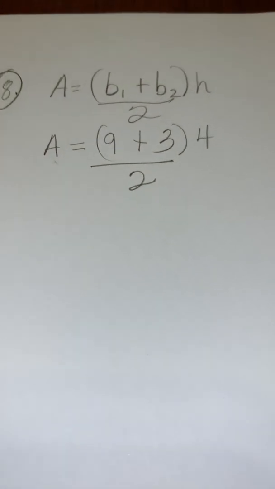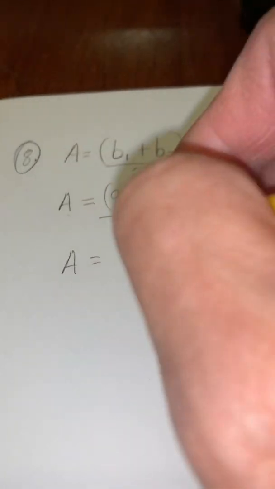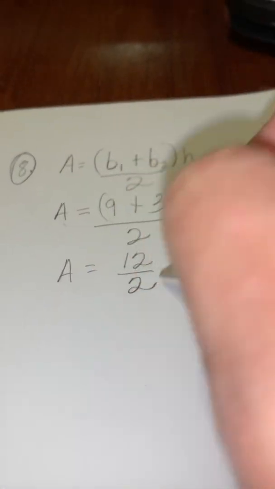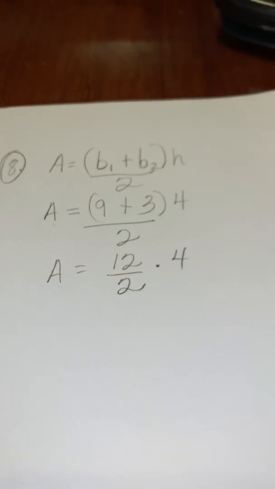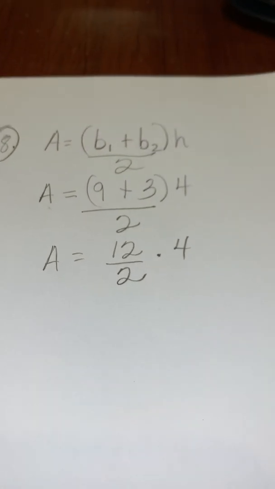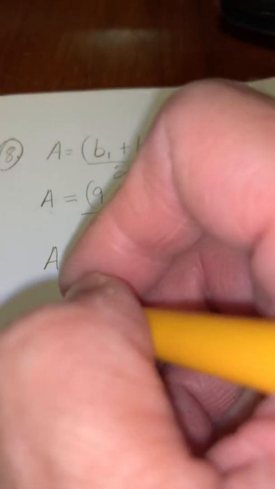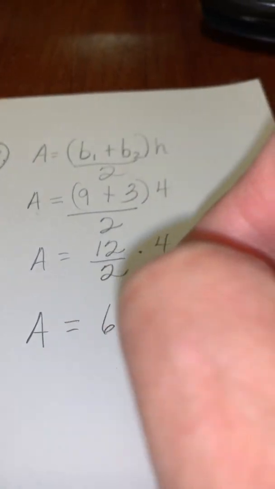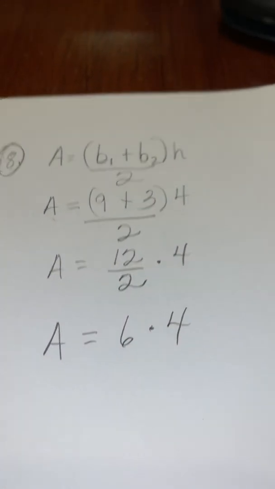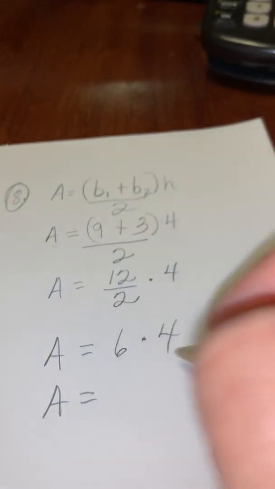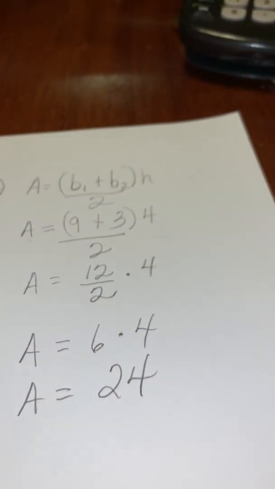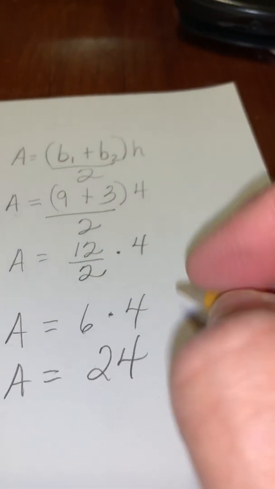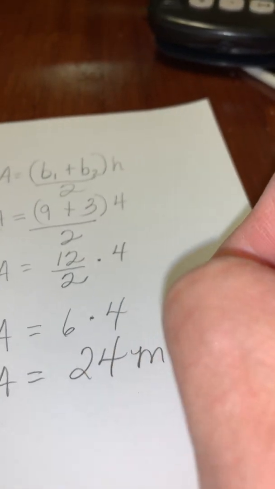So what's 9 plus 3? 12. So we're going to have 12 divided by 2 times 4. What's 12 divided by 2? Well, 12 divided by 2 would be 6, and 6 times 4 is 24. So the area of just one of the trapezoids would be 24 meters squared.